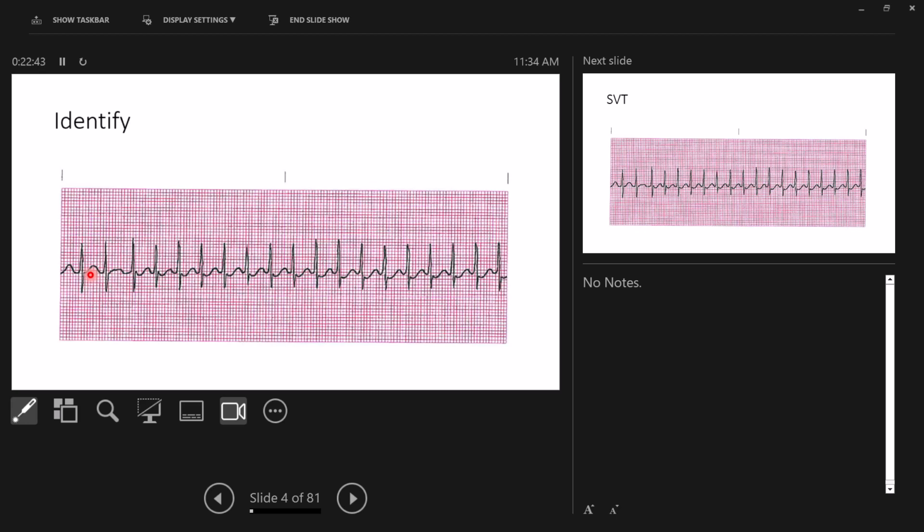T wave. Why are we seeing T waves if we can't see P waves because of the rate? They're buried in it. Maybe. Well, and also SVT, supraventricular, it's not coming from the normal pacing site. Very good. You are correct.